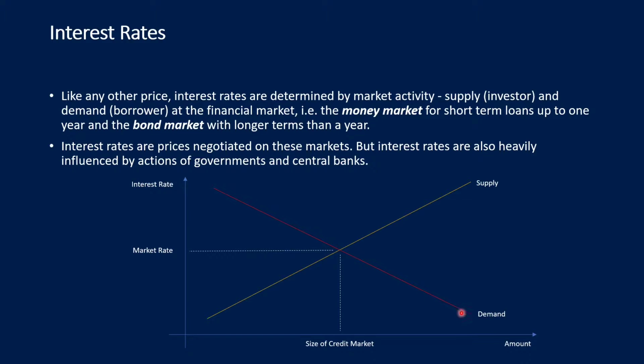At a very low interest rate we will have high demand, or a large amount will be demanded. We have to differentiate a bit because the capital market is not only one market, it is several markets. We will see later on that we have to differentiate by the term of the loan demanded.